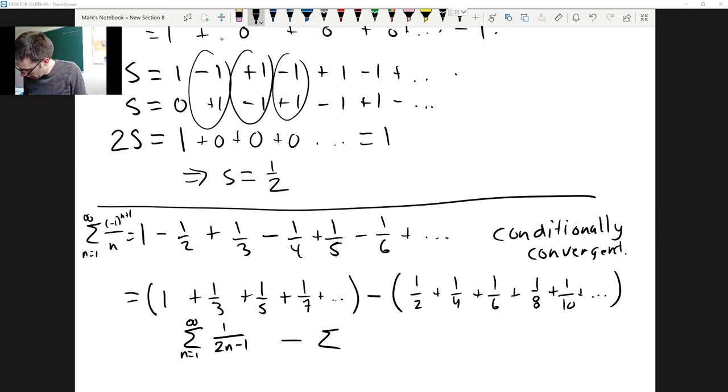And for the other one, notice you could factor out a 1/2. And that would be 1 plus 1/2 plus 1/3 plus 1/4 plus 1/5, and so on. Which means we could write this as 1/2 times the sum of 1 over n.